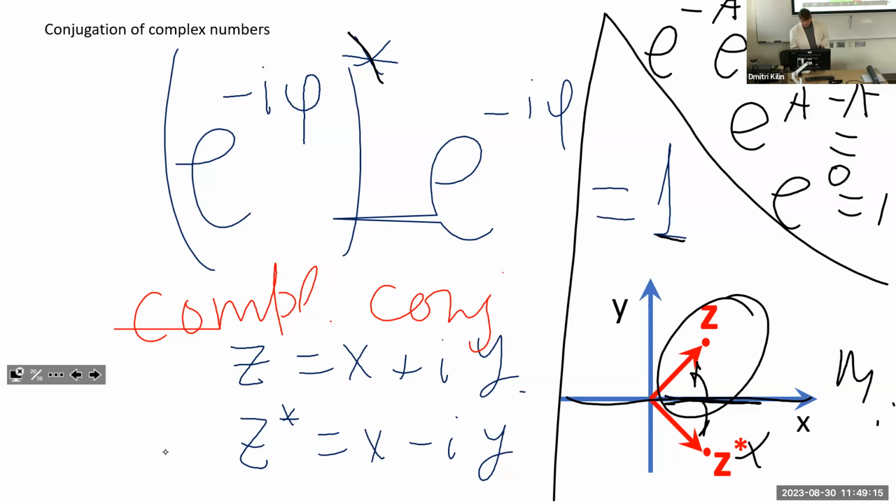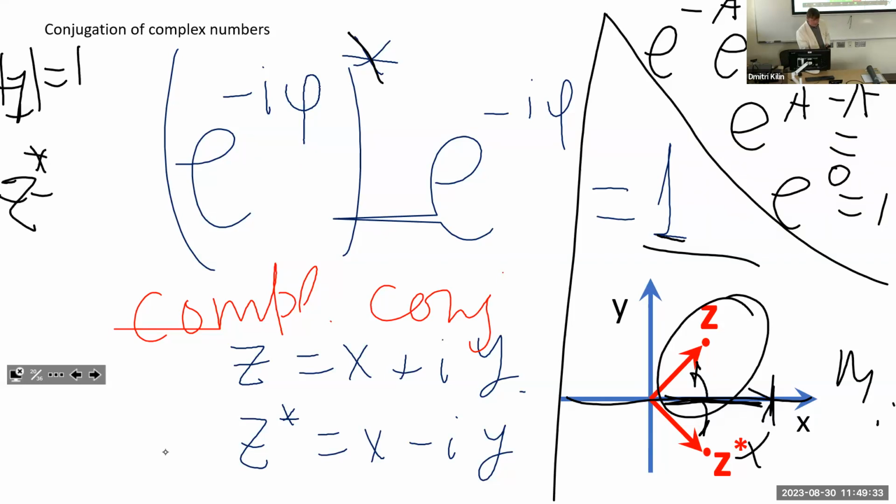You'll see that rotating forward and backward will give you a real vector. If the length was 1, then the answer will be 1 for sure. So if the length of the complex number equals 1, then Z star times Z will be 1. And this property will be used shortly.